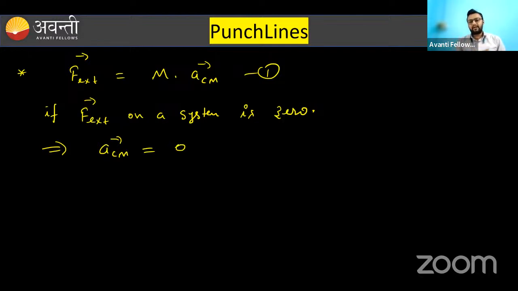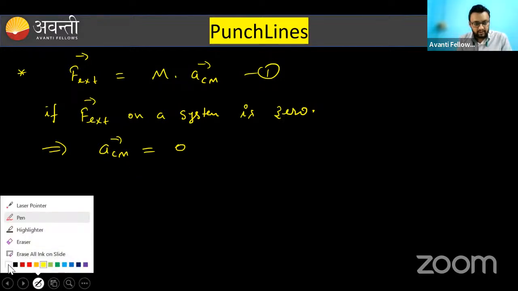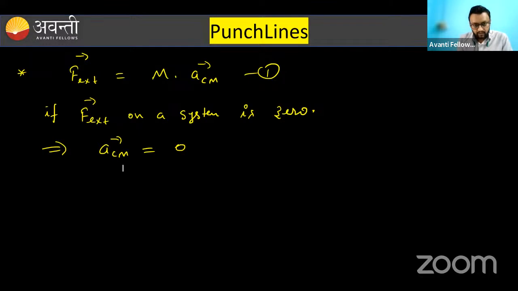And in the recall test, I have told you that if acceleration is zero, there are two things that are going to happen. Either the body will remain at rest or it will continue to move with uniform velocity. So there will be two situations.